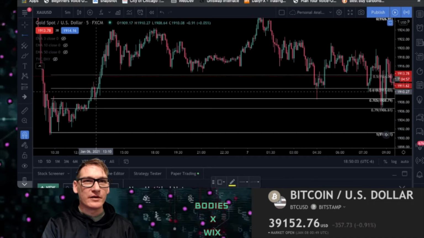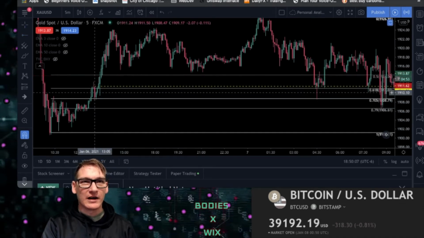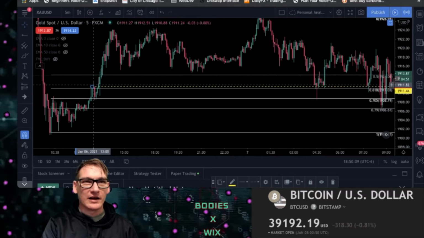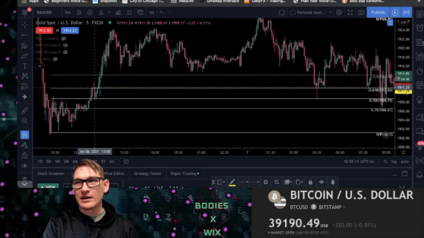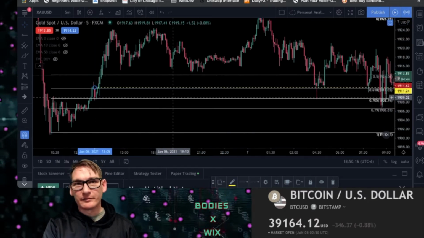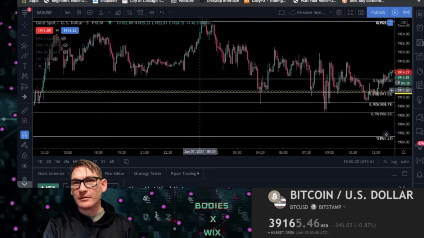So if I draw a horizontal ray from this red candle, or even here, even there is actually the start of it. But I was thinking here. I was also thinking of the spread. So that's why I thought 1912 would be a good place to enter.